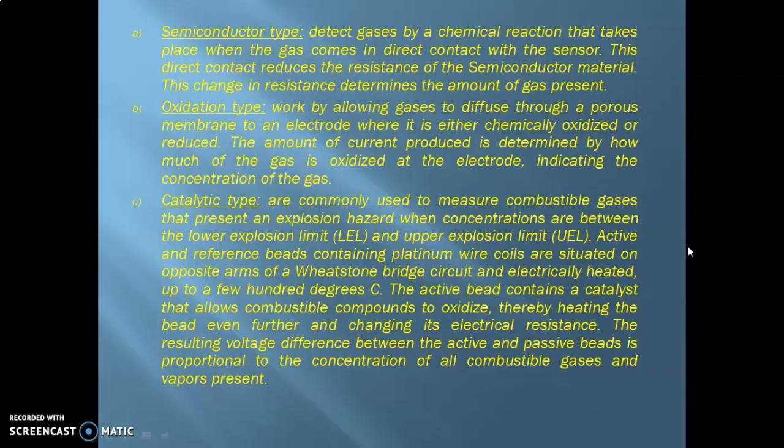This is a bit more complex as compared to the other types that we've discussed, and as the definition states, these are commonly used to measure combustible gases that are present within an explosive hazard. Now, these type of gas detectors normally contain active and reference beads which contain platinum wire coils and are also located on opposite arms of a Wheatstone bridge circuit, which is electrically heated up to a few hundred degrees.